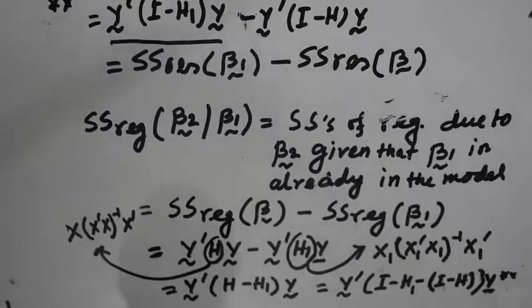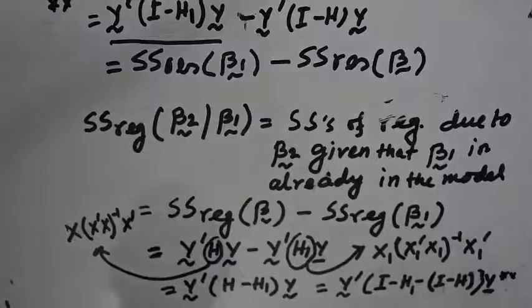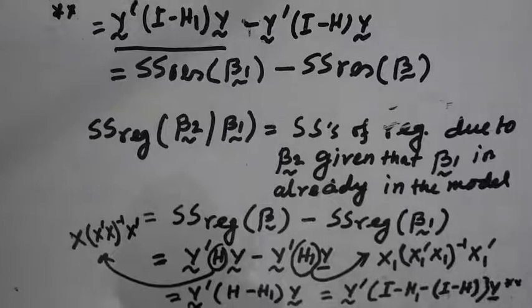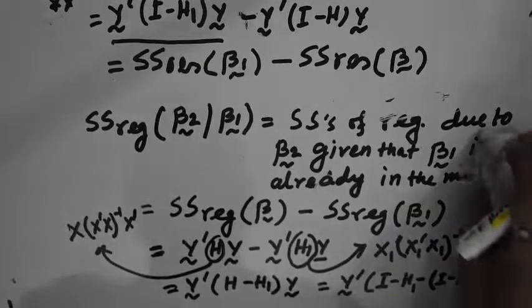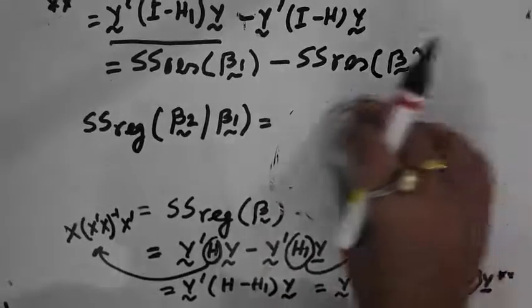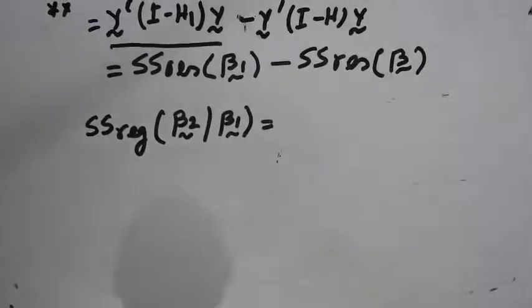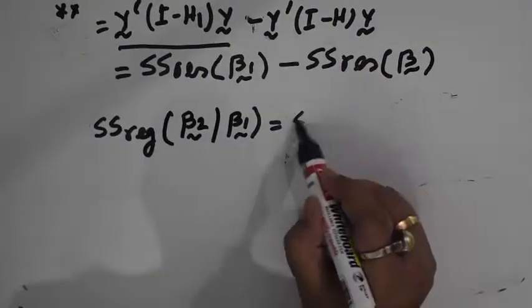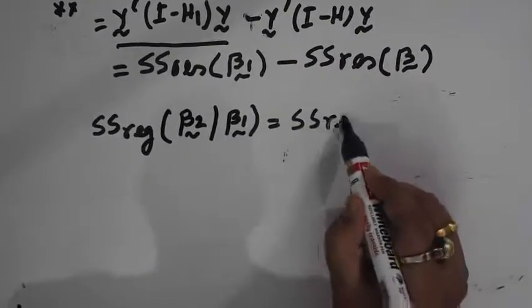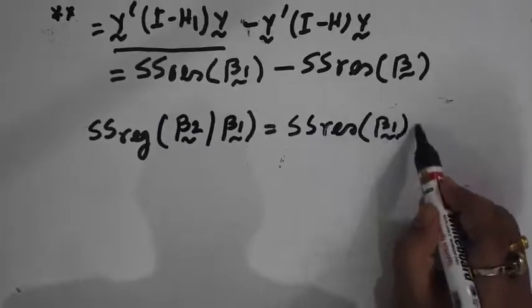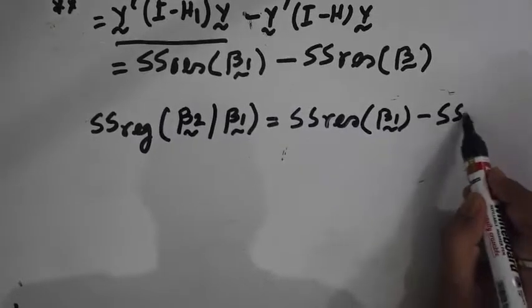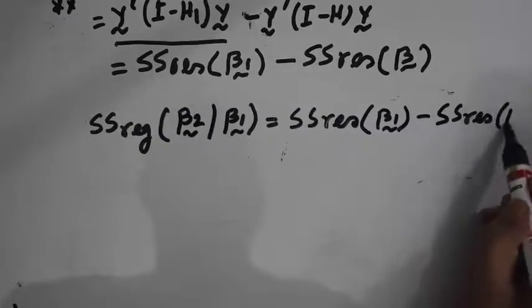Therefore, sum of square due to regression beta 2 given beta 1 is equal to sum of square due to residual for beta 1 curl minus sum of square due to residual for beta curl.